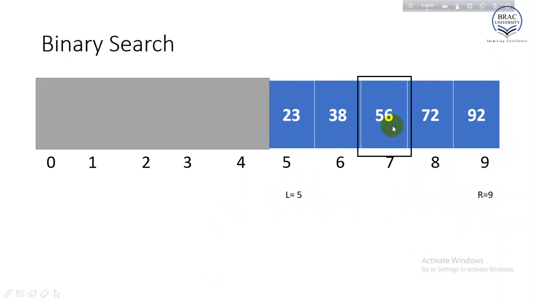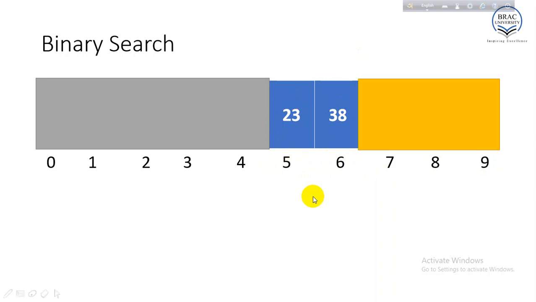Now we are searching for 23, so we check if 56 equals 23. As it is not, and we know that 23 is less than 56, we do not need this portion of the array to be checked again. We only need these two elements now. Then we again do the same thing on this.